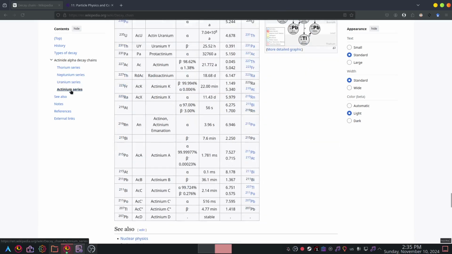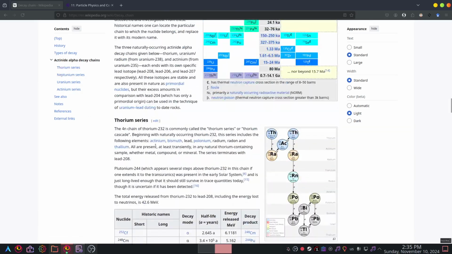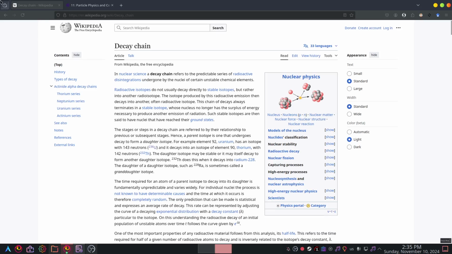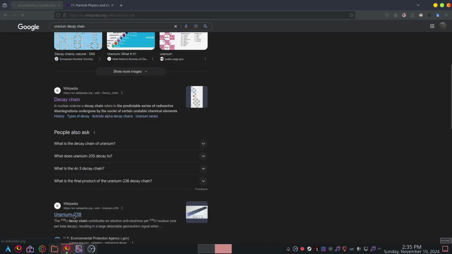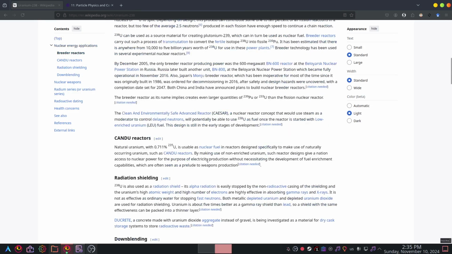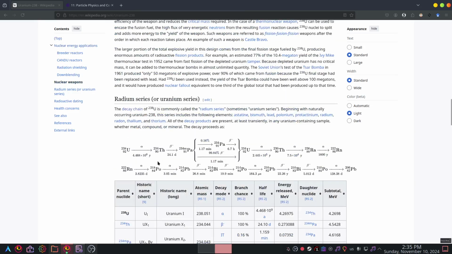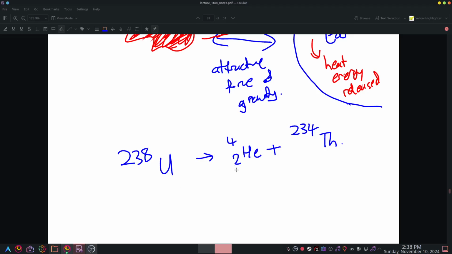I'm not going to bring you through all of this, but it is kind of important. Uranium-238 has a decay chain, and all these decays can actually supply energy as well. Anyway, this is an example of what we call alpha decay.